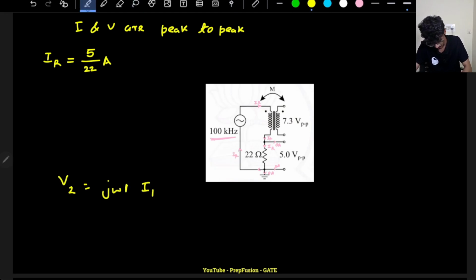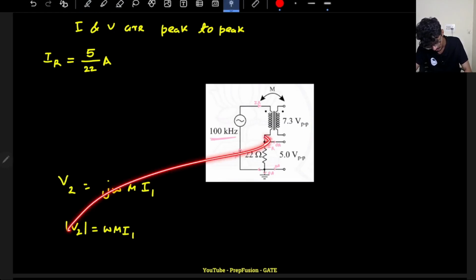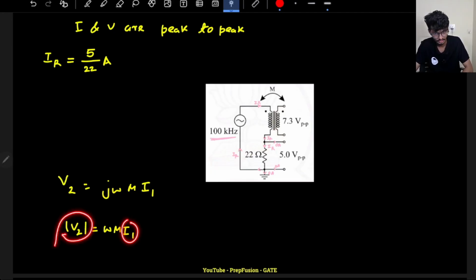I hope you remember, this is the voltage, and the magnitude of V2 will be equal to omega m into I1. Okay, so from here I need to find out m, and what is the magnitude of V2. They've given it as peak to peak. So current is also peak to peak, so the magnitude of V2 will also be peak to peak.